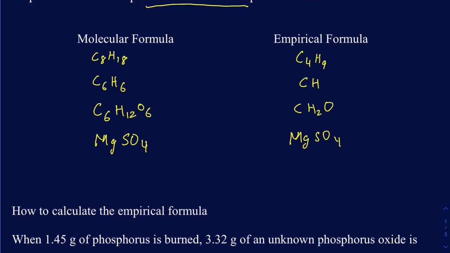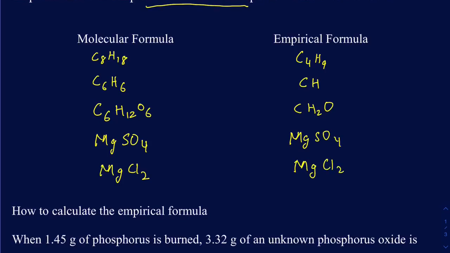Well, I can take another example maybe. What if I have something like MgCl2, so that's magnesium chloride, and this is already in the reduced form in the subscripts, so the empirical formula for that is also going to be MgCl2.